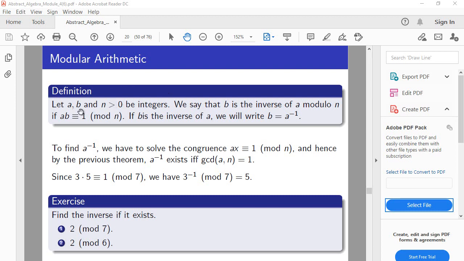We say that b is the inverse or the multiplicative inverse of a modulo n if a times b is congruent to 1 mod n. If b is the inverse of a, then we write b equal to a to the negative 1 modulo n.